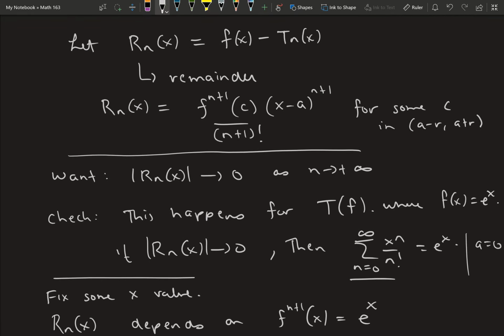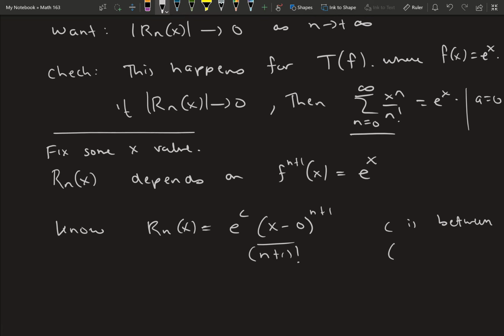It's actually somewhere between x and a. So let me just adjust this slightly. So this c is actually some c between x and a.